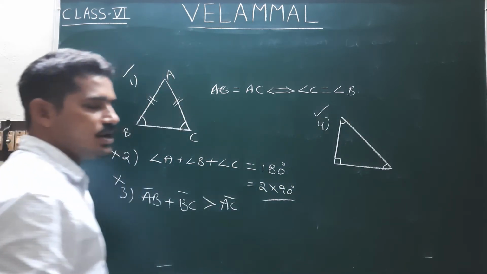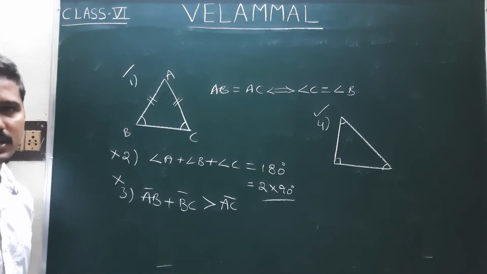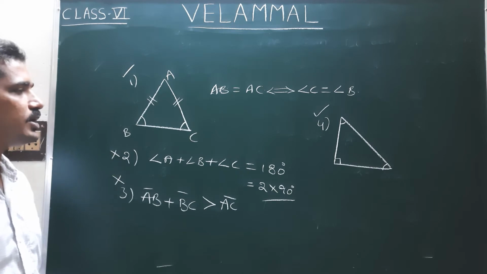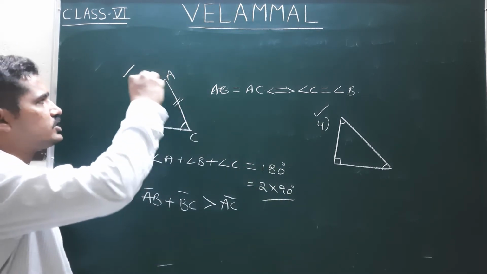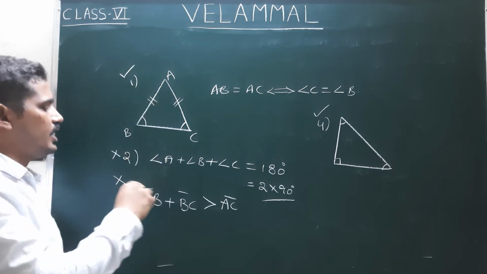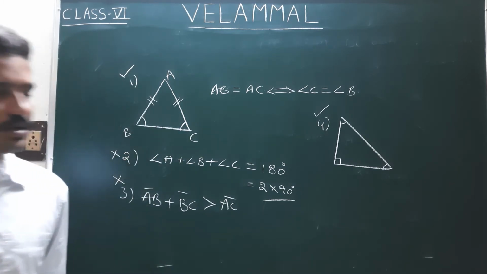A triangle can have only one right angle; more than one right angle is not possible in a triangle, so the statement is true. So the first statement and fourth statement are correct, and the second and third are false statements. Okay, copy this one.